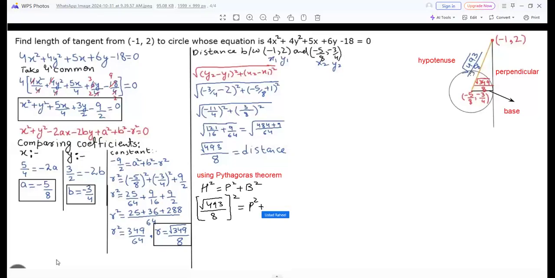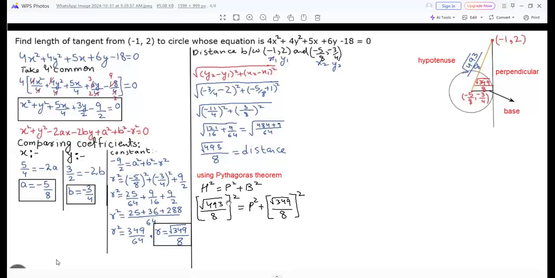And the base, which is basically the radius, was given to me as under root 349 over 8 with square.